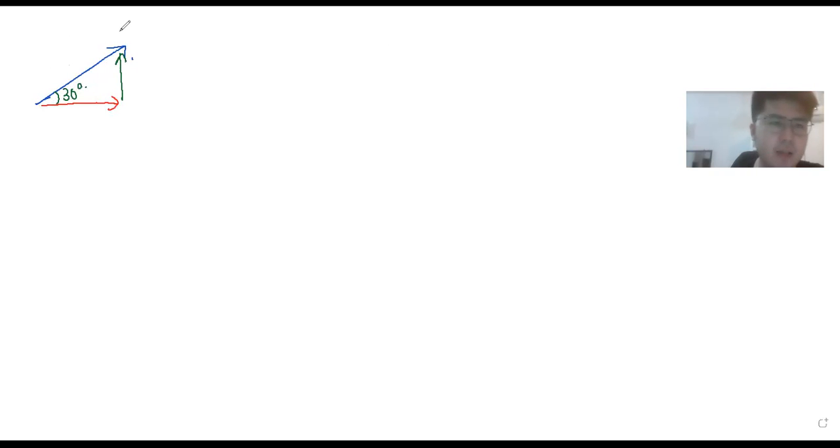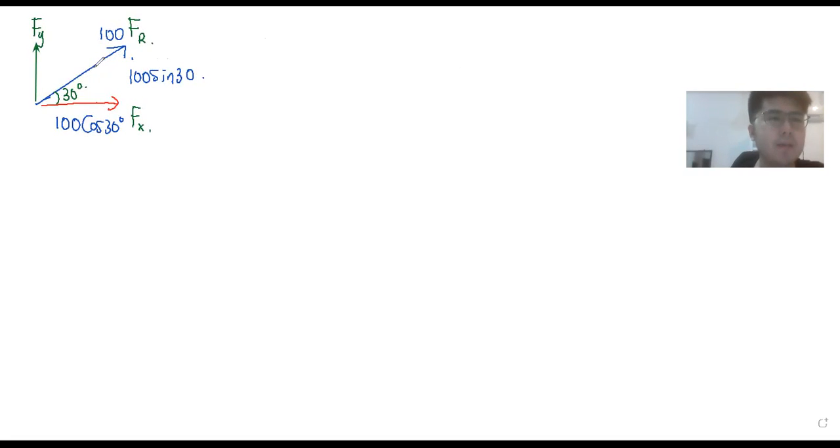If the force is 100, then we can resolve this one as 100 cos 30 and this one as 100 sin 30. 这个 vertical component 我可以把它画去对面这边。所以这个 vertical 我们通常是写成 Fy，然后 Fx. And this one is the resultant Fr.